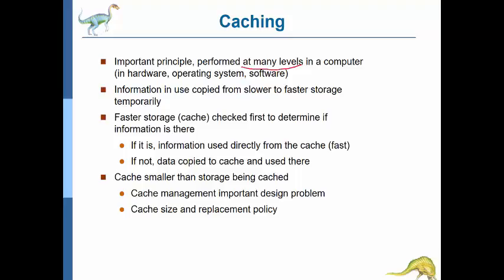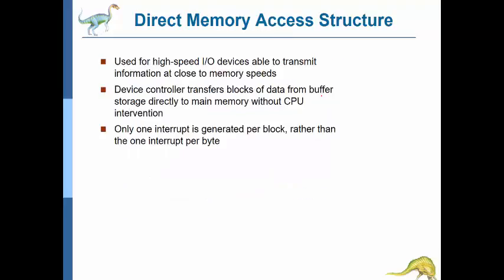At any level where there is a bottleneck, we need to put a cache. It is temporary. We put it there to improve the performance, only to improve the performance. Information in use is copied from slower to faster storage. Yeah, that is what cache can do.